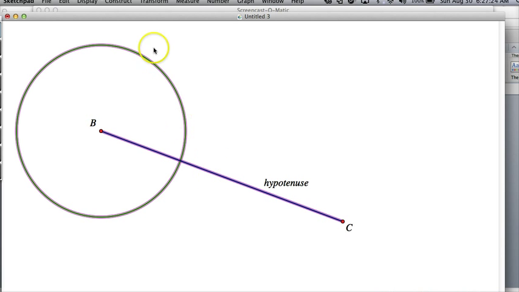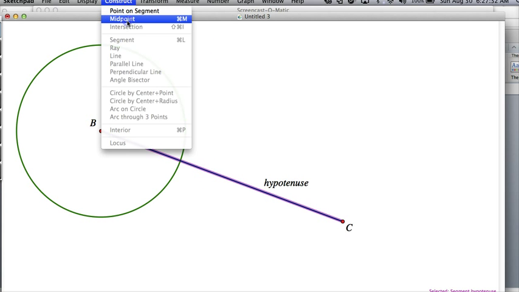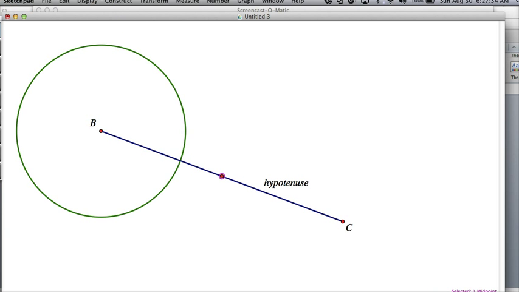So I'm going to select this segment, which is going to be the hypotenuse, and I'm going to find the midpoint of that hypotenuse. So what I know now is that this point here, H, is the midpoint of the hypotenuse of the imaginary right triangle that's here in front of us.